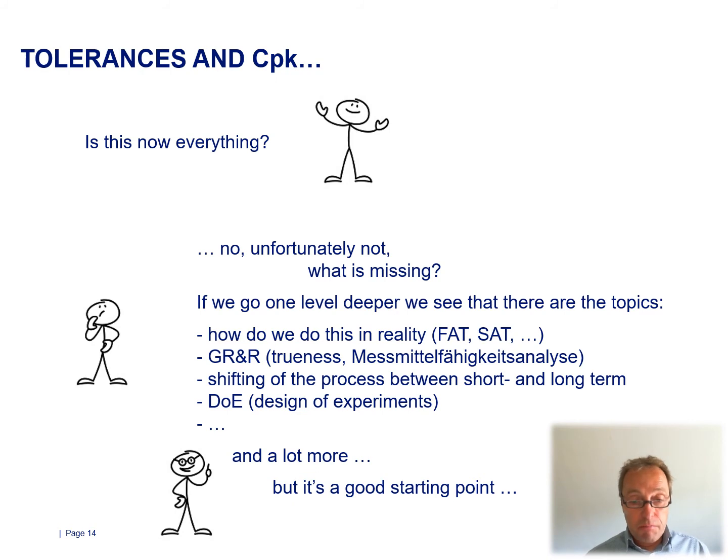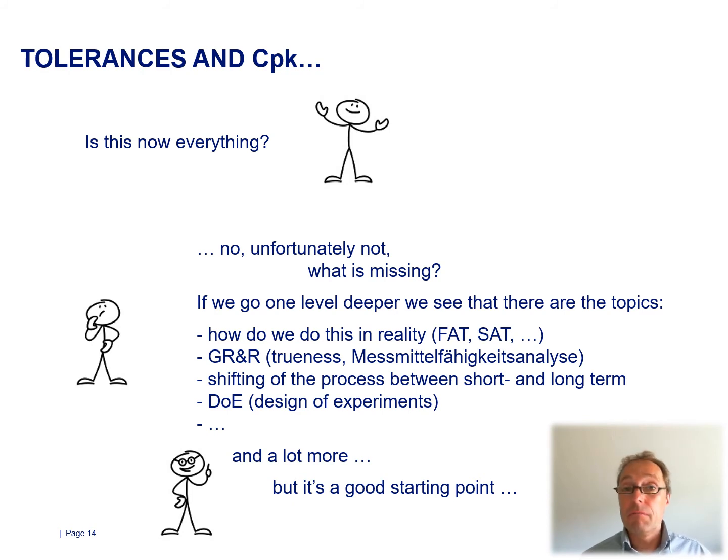Is this now everything? No, unfortunately not. Some things are missing. The question is, how do we really do this during FAT or SAT or whatever? When we measure something, we have to take care about what we measure and how we measure. So we have to make a gauge R&R.